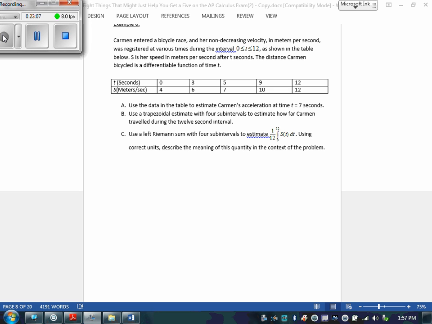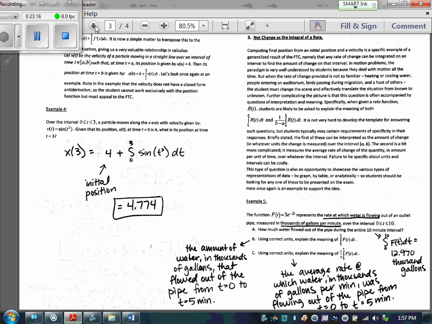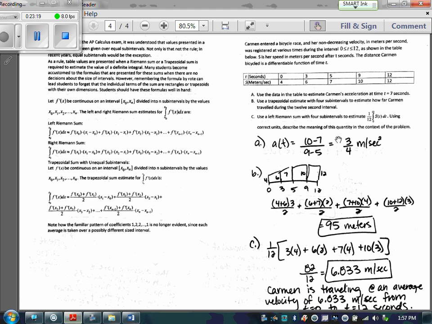The slope of my velocity is going to give me the same thing, or an estimate anyway, of my acceleration. Okay? So that's what I did here. I took my 5, 7, and my 9, 10, and I found the slope of my velocity, which is the same thing as the acceleration. It's an estimate because we're using 2 points on either side, but at some point, the slope is the same as your instantaneous. That's the mean value theorem.